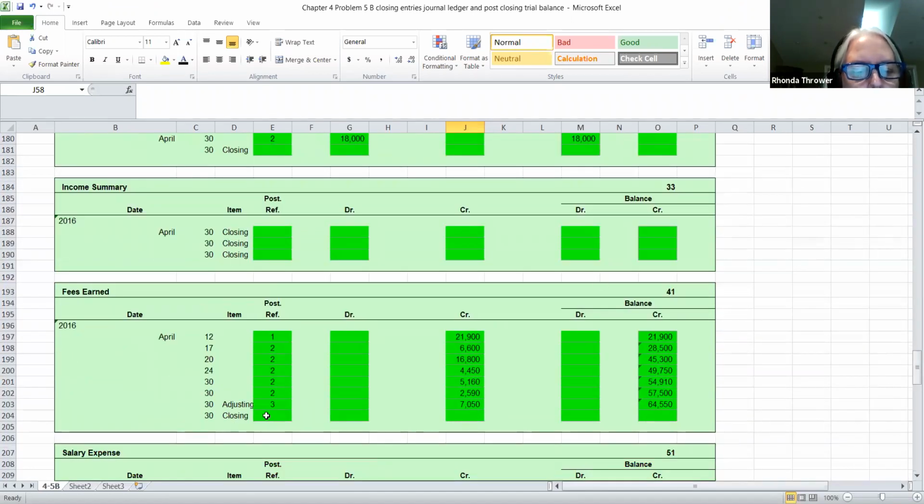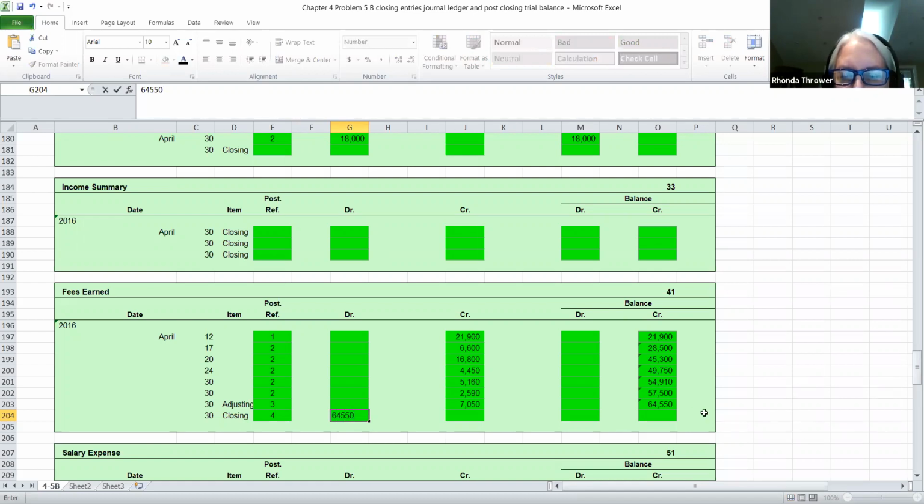Notice there's a place for the closing entry. I'm going to put my page number, which is 4, in my post reference. And I'm going to debit this account. Notice it's the only time that it's debited for the total amount that is in the fees earned account, which was $64,550.